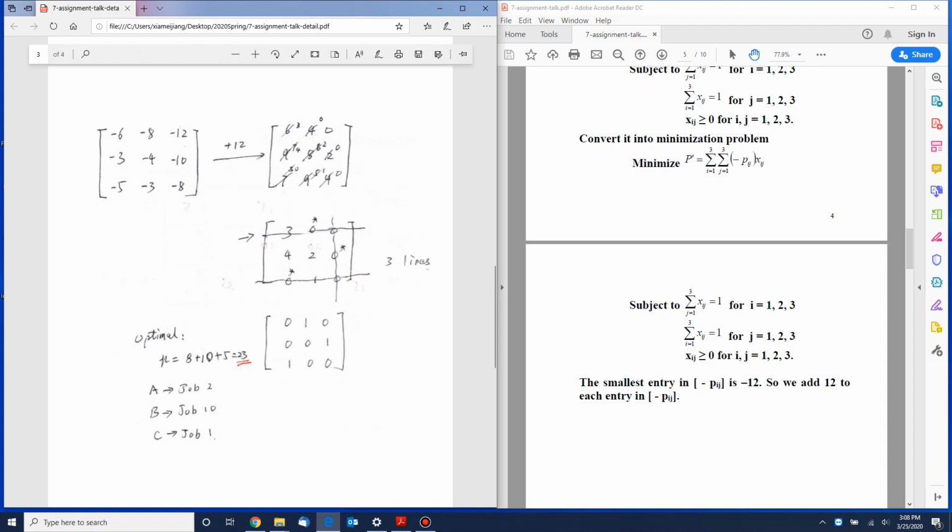So in this way, for the first row we have nothing to do because the smallest number is 0. Second row, the smallest number is 2. So 9 minus 2 is 7, 8 minus 2 is 6, and 2 minus 2 is 0. For the last row, the smallest number is 4.